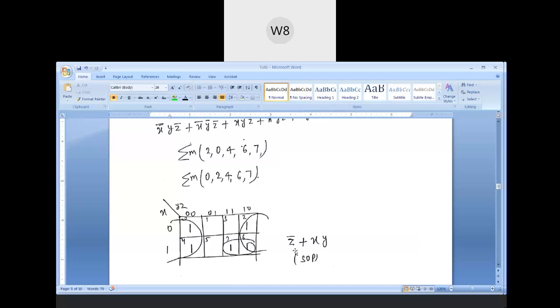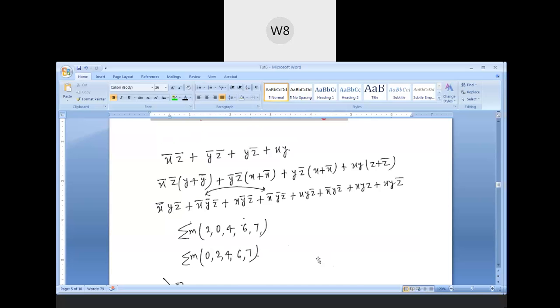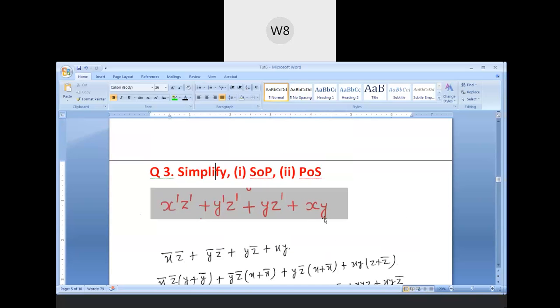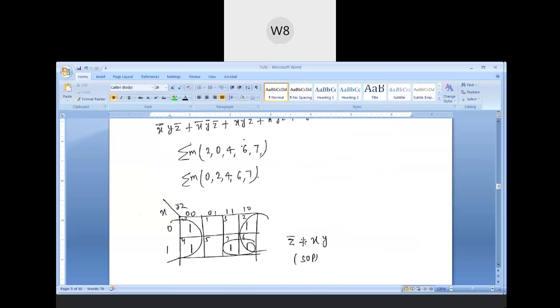So this is the simplified version of this Boolean function, z bar plus x into y. Here we see that it is basically a sum of 2 terms, and terms in general are products of variables. So this is called SOP form, sum of product form.